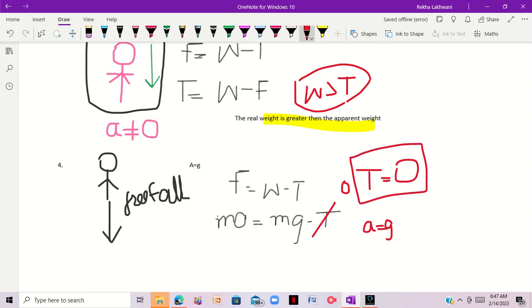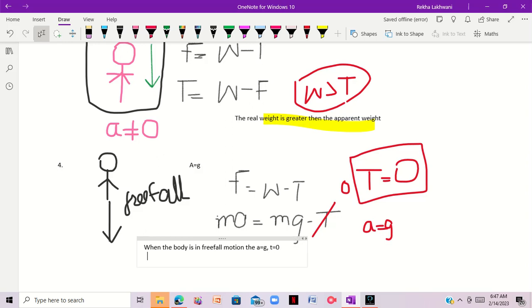Now what is tension? Tension is the apparent weight, right? When the body is in free fall motion, the acceleration is equal to gravity and the tension is equal to 0.